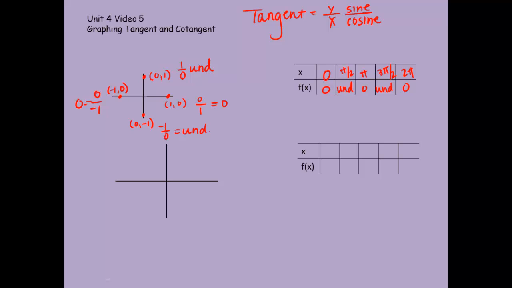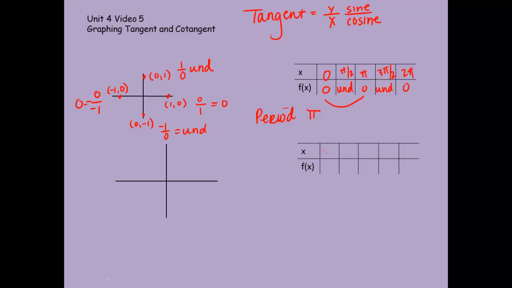So what we also can see then is maybe to complete an entire period or one cycle through all values of tangent, that we actually only have to graph a period of pi, because from 0 to pi we go from 0 to 0, therefore we're encompassing everything.